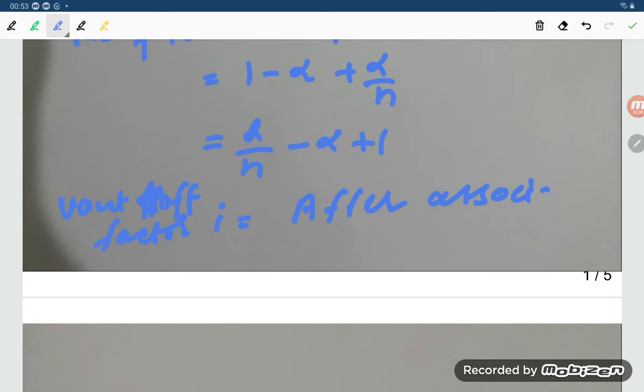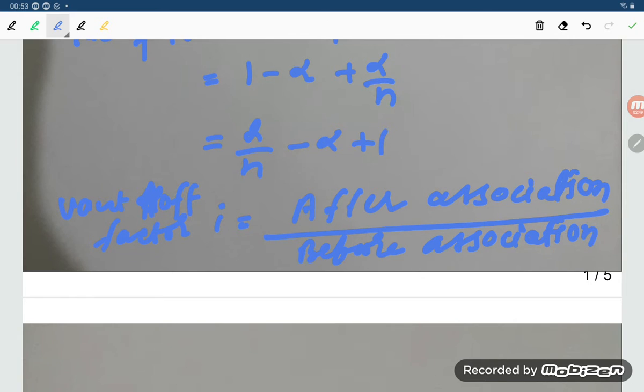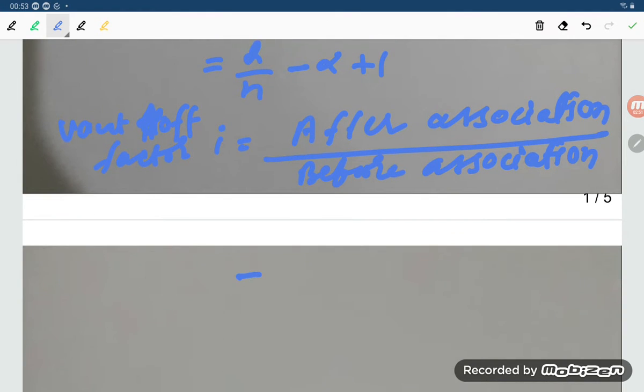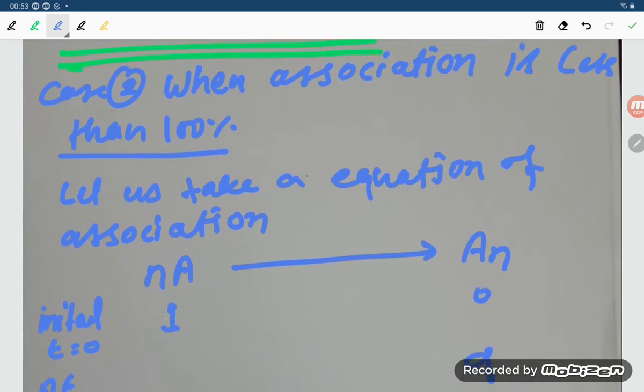After association there are 1 minus alpha plus alpha by n particles, and before association, 1 mole.